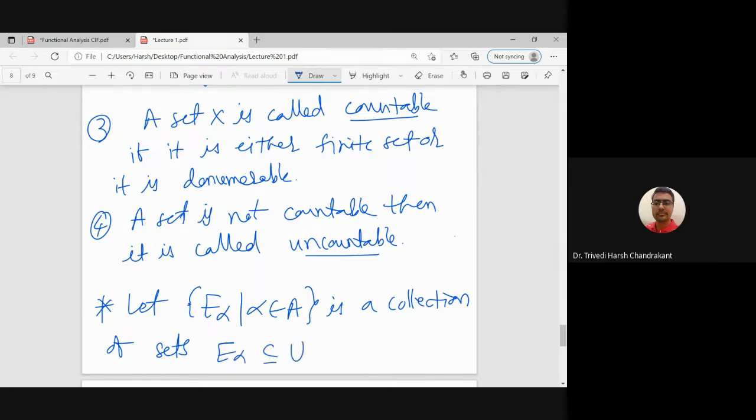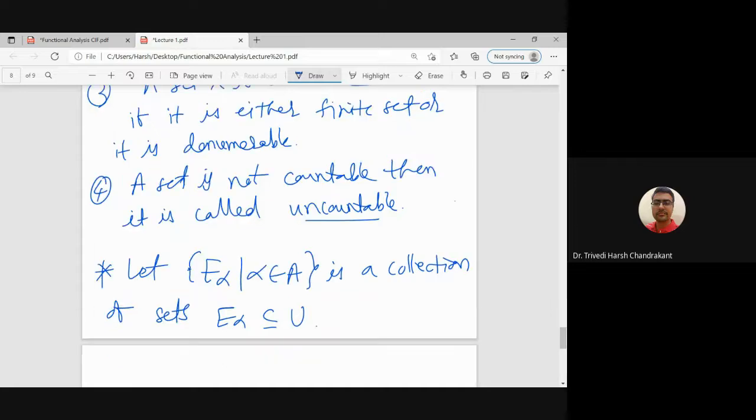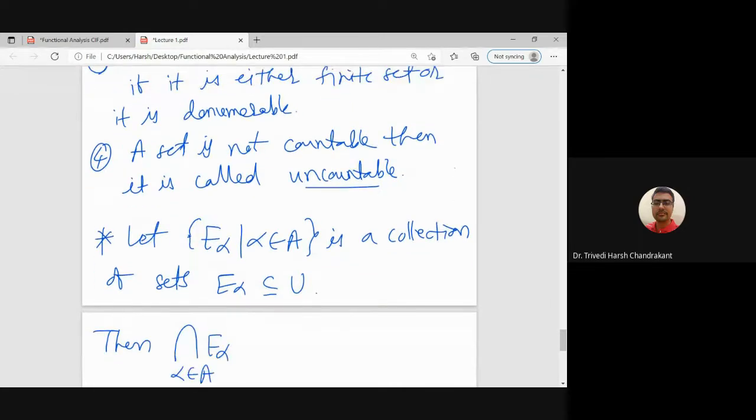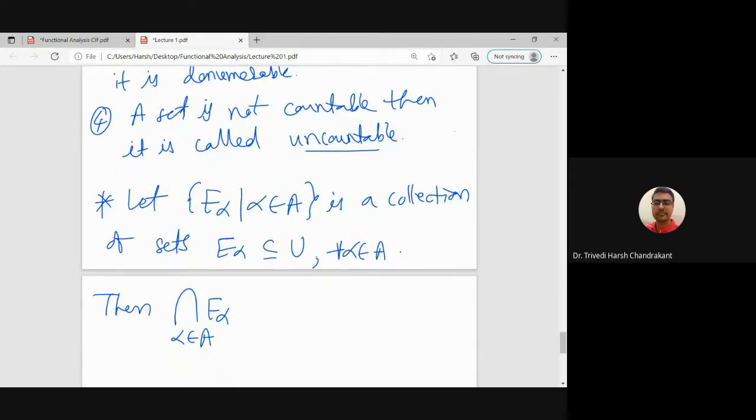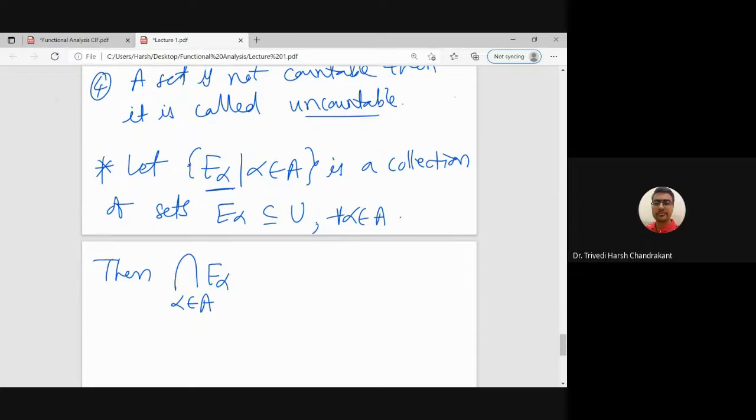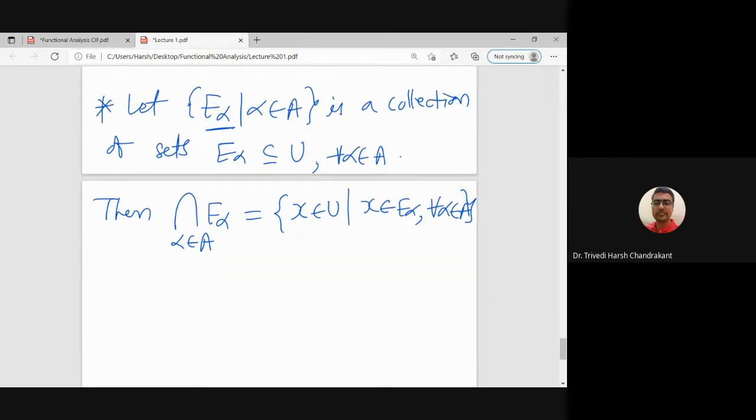Let us say E alpha is a subset of U for every alpha. What is the intersection of E alpha? It is the set of elements x in the universal set such that x belongs to E alpha for every alpha in A, right?